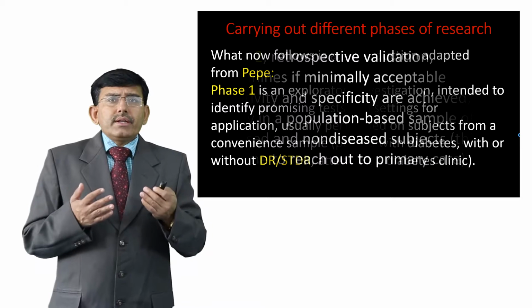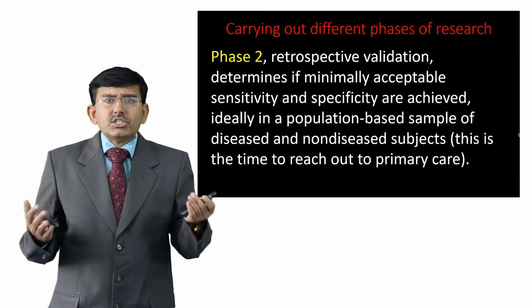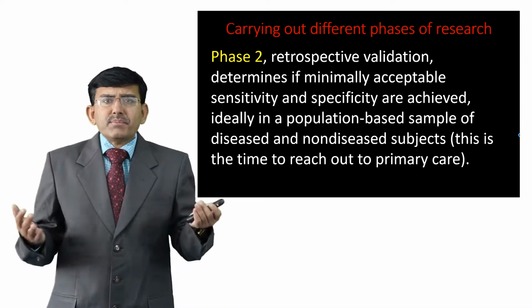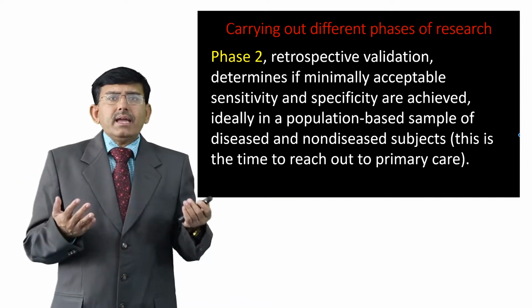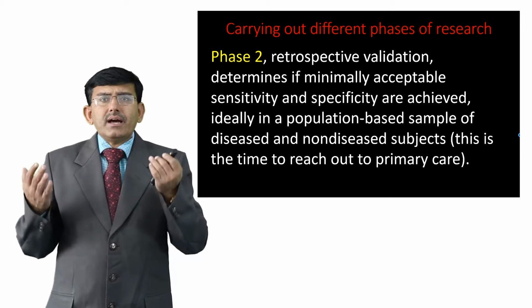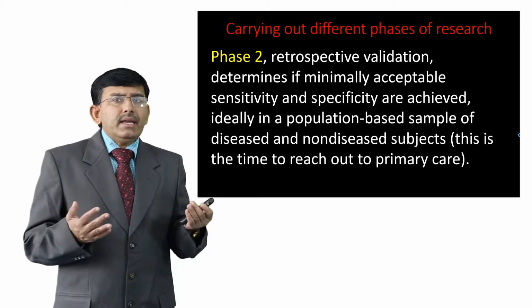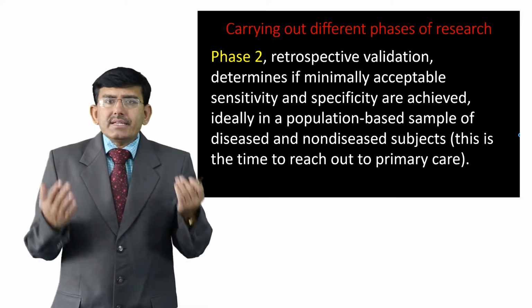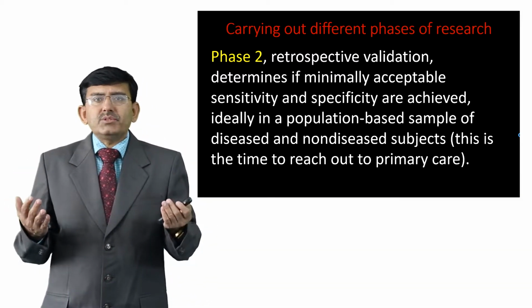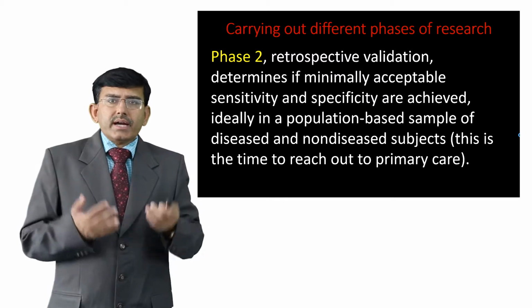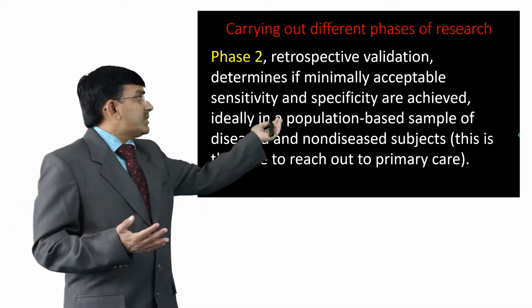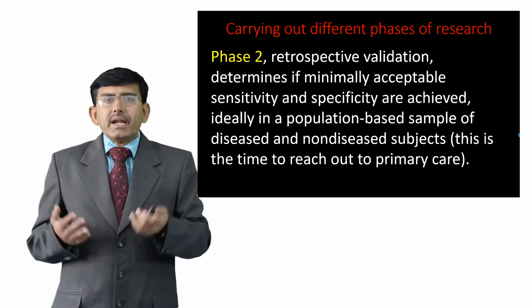Phase 2, retrospective validation, determines if minimal acceptable sensitivity and specificity are achieved, ideally in a population-based sample of disease and non-disease subjects, that is, the time to reach out to primary care, which is necessary to get to the subject.